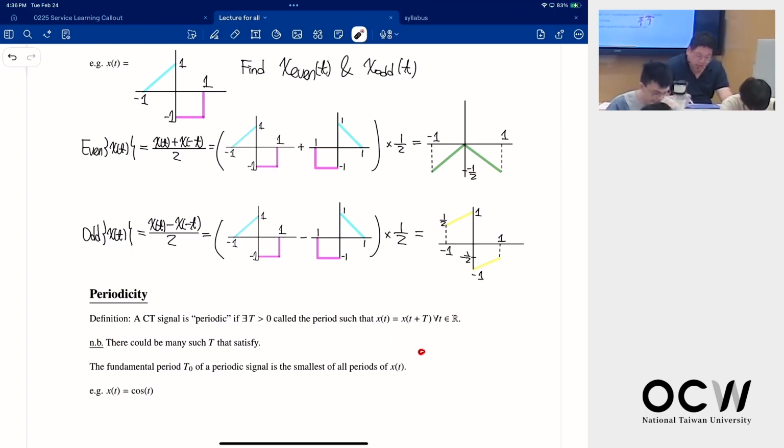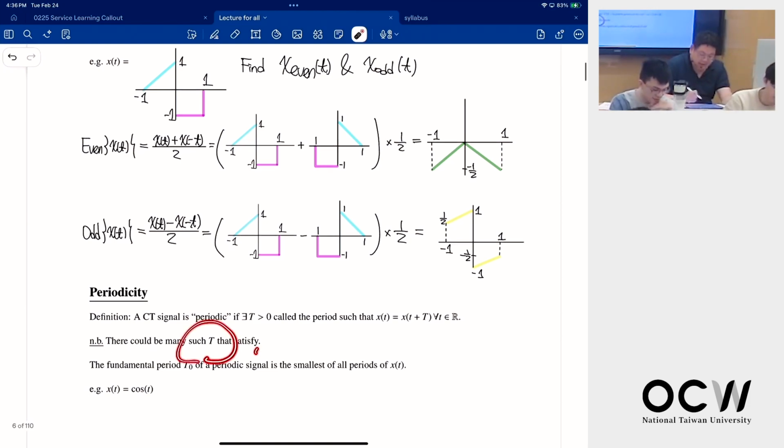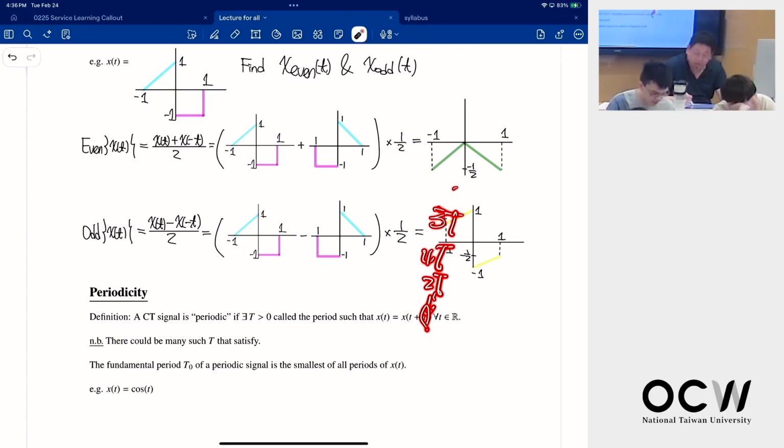Then we say that this signal is periodic. There could be many T that satisfy this, because you can think of this T as like 2T, 4T, 3T. Just change these variables. As long as they shift by the period, they still have the same shape, then this signal is periodic.